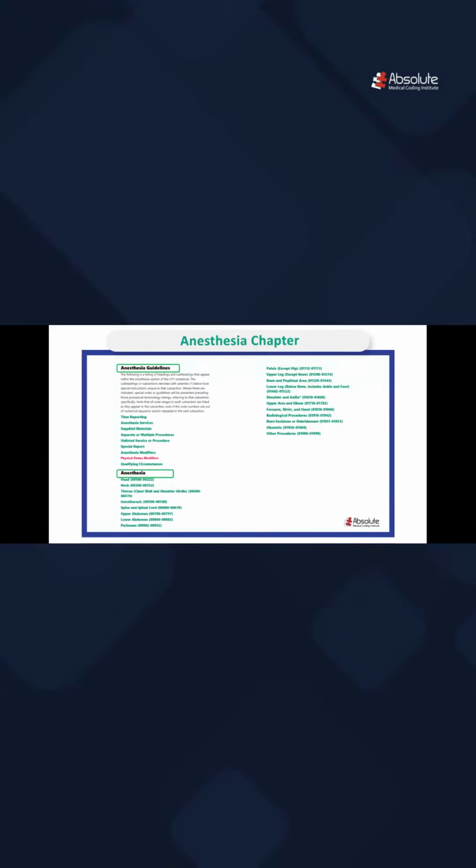These code ranges from 00100 to 01999, and they are grouped based on anatomical site or sometimes the type of the procedure being performed. This section also includes your qualifying circumstance codes and the physical status modifiers. We'll be discussing them in the upcoming slides.